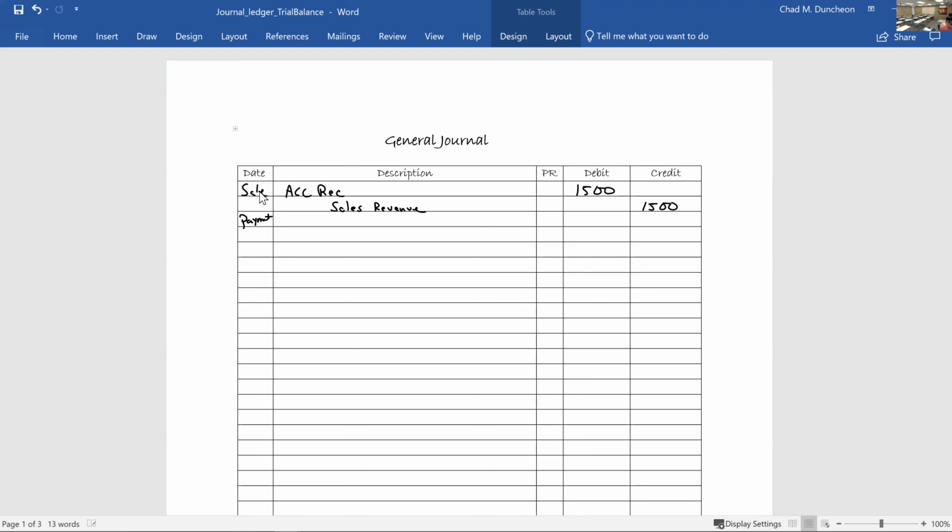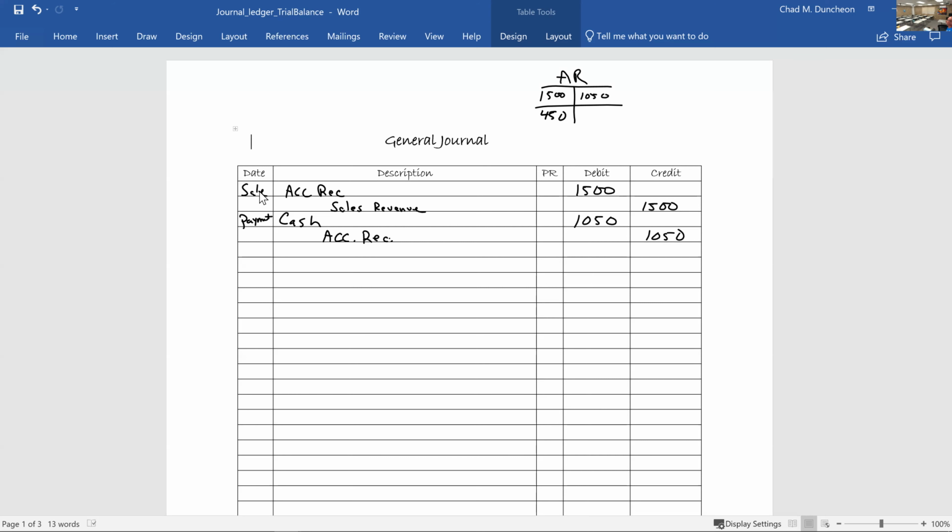So we're going to assume that she paid off $1,050. So when that payment came, we would debit cash and credit our accounts receivable here. We can go down by the $1,050. Now, if we're looking at our accounts receivable T account, we have 1,500, 1,050. So we are still owed $450.